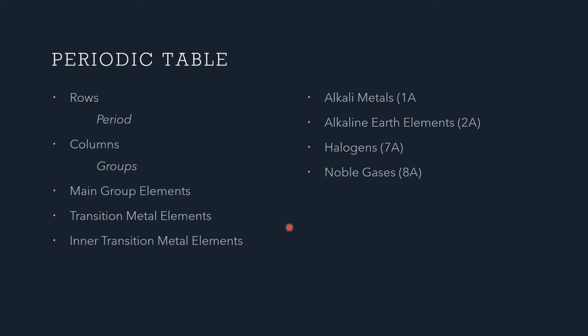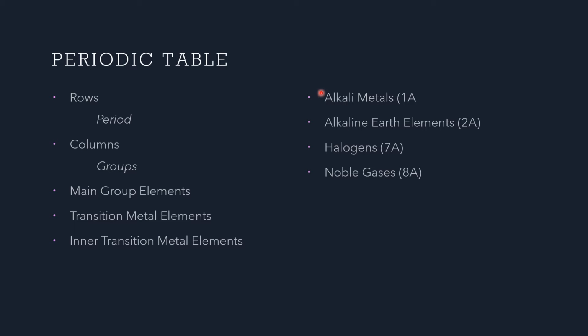All right, so we can also break down our elements into these different groups: group 1A, 2A, 7A, and 8A. These are probably the most important ones that you're going to have to know. So we've got 1A, which are our alkali metals: hydrogen, lithium, sodium, potassium.